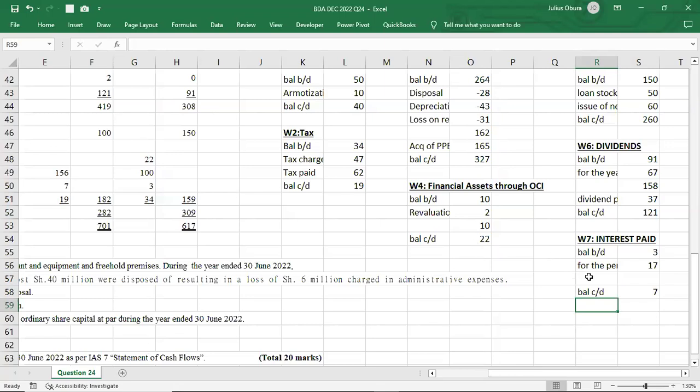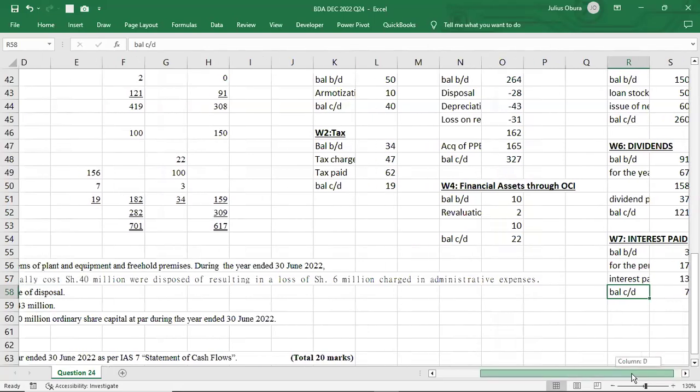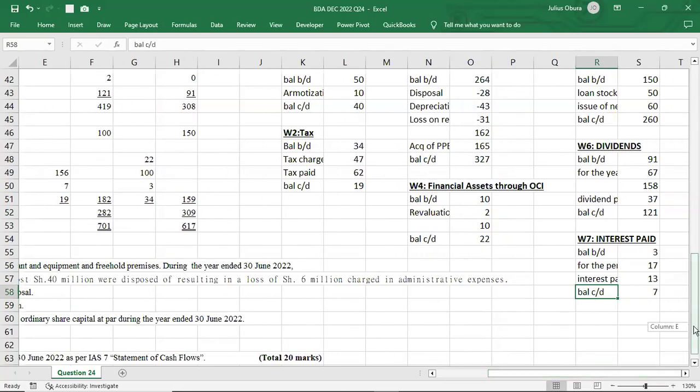So interest paid will be 17 plus 3 minus 7, and that is 13. That is what we take to the other side as interest paid.